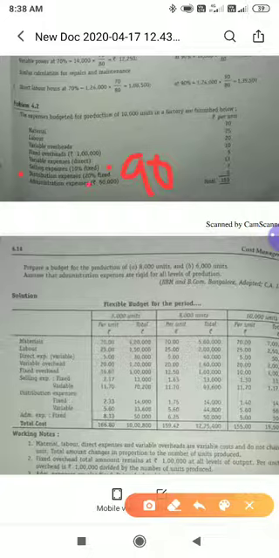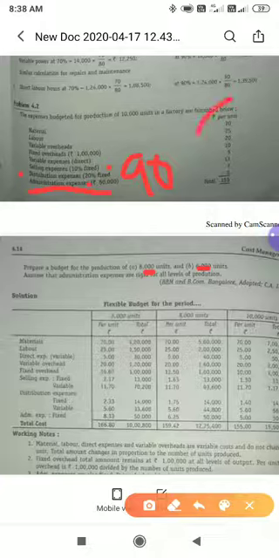And administration expenses 50,000 in total. Please keep it in mind, always administration expenses will be fixed cost and sometimes it can be a semi variable cost. So if the question is silent, you should think that administration expenses is a fixed cost. Fine. Now prepare a budget for the production of 8,000 units and 6,000 units.